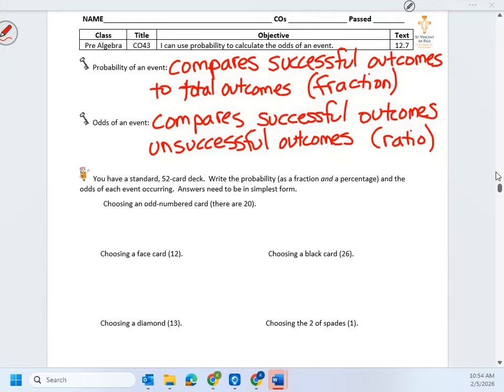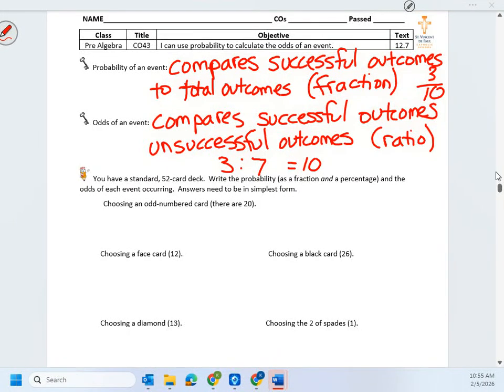So if I flip and I get 3 heads, I want the heads. I know if I flipped it 10 times, 7 were unsuccessful. If I'm given that ratio 3 to 7, successful to unsuccessful, I know that there was a total of 10 flips. That's different than the probability. Probability, I flipped 3 heads out of a total of 10 flips.